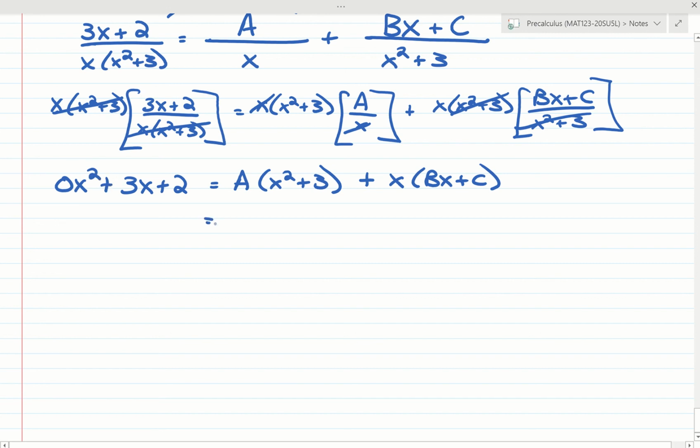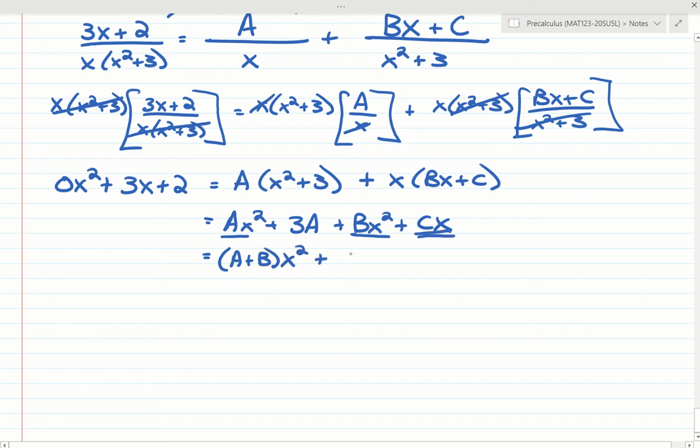Let's distribute out the right side. This is going to be ax squared plus 3a plus bx squared plus cx. We'll group all of our quadratic terms. We'll group all of our x terms. And then we'll group our constant terms.